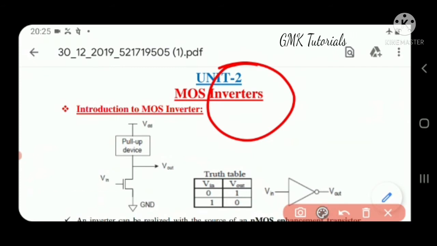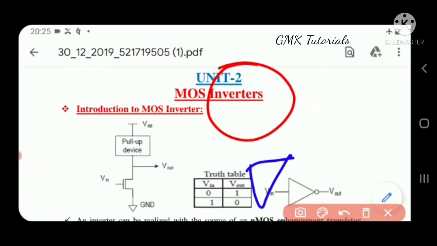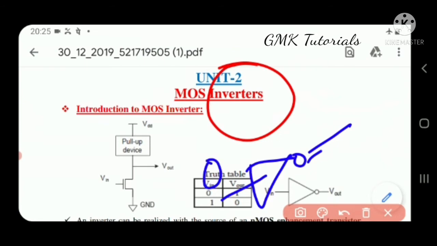Let us consider a very small inverter. This is the symbol for it generally. If you apply a 0 input, it produces a 1 output. So an inverter produces the opposite output to the corresponding input.